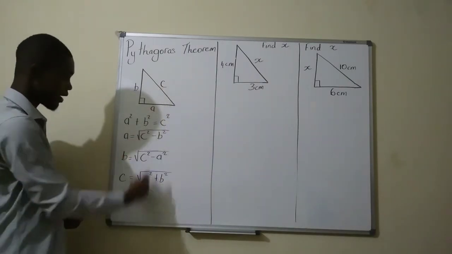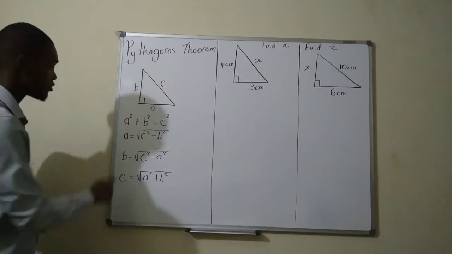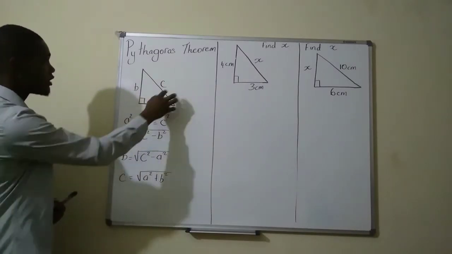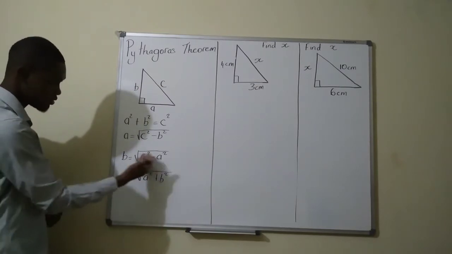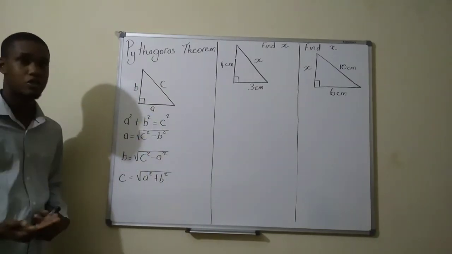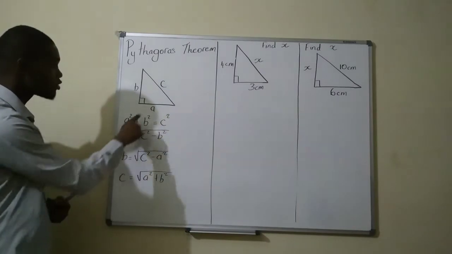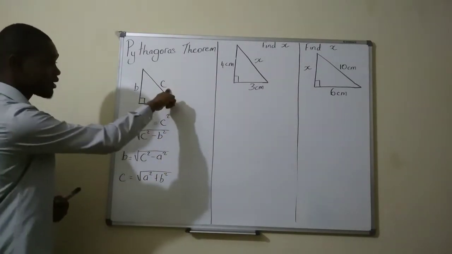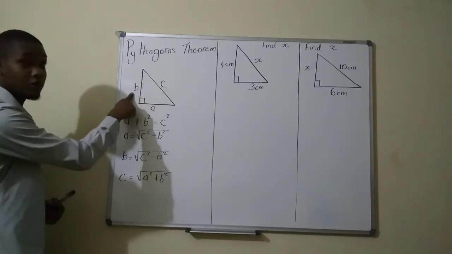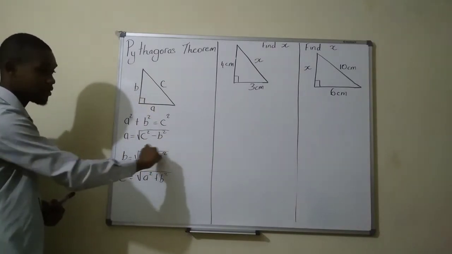Now here I have the simplified values for each of them. In case you were given the value of c, you would just use one of these formulas depending on what you need to find. If you want to find what the value of a is, all you need to do is square the value of c, square the value of b, and then subtract them from each other.